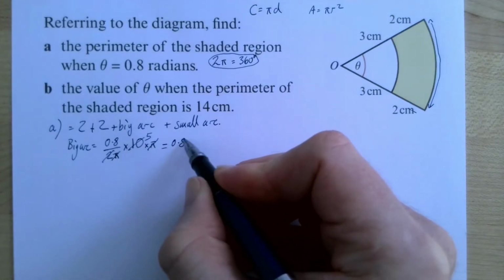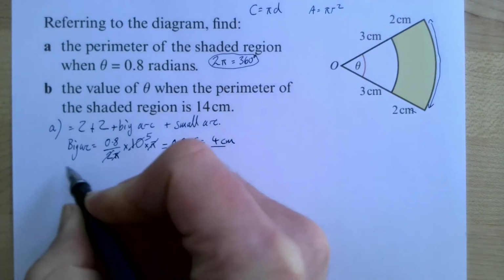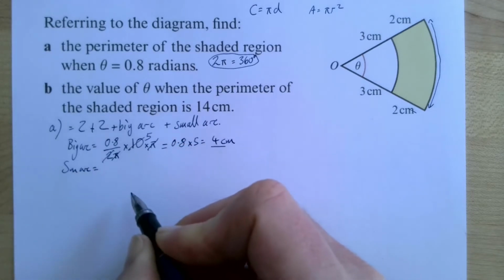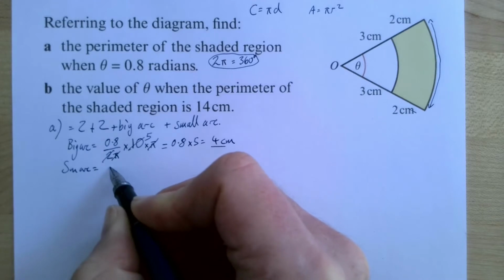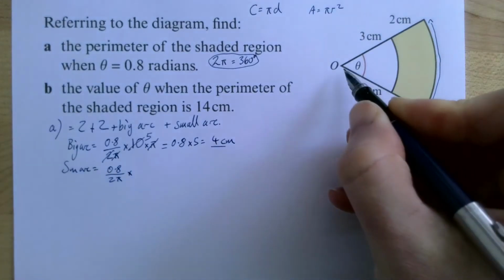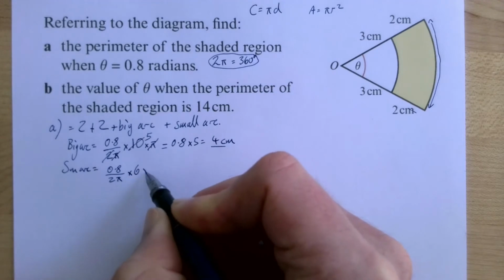So 0.8 times 5 equals 4 centimeters. Then we've got the small arc. You may want to pause the video and do that again now if you hadn't done it before. The small arc is still going to be 0.8 over 2 pi, multiplied by, well, the radius is 3, so the diameter is double 3, which is 6, times pi.